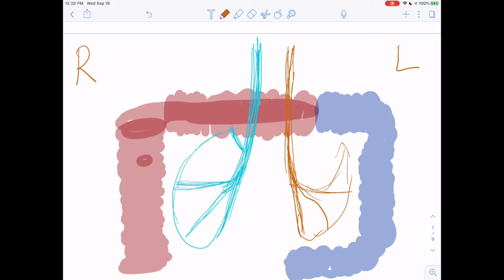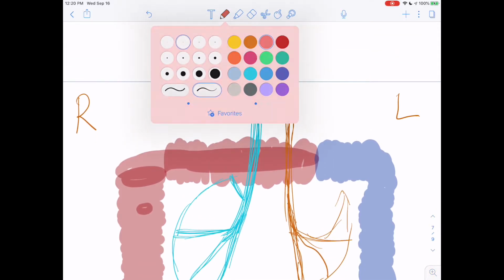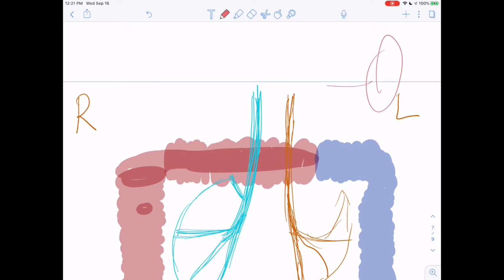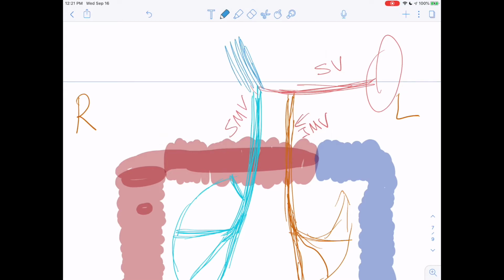Okay? And just to reiterate, we had the spleen here. So splenic connects, so the inferior mesenteric vein goes to splenic vein, and they join with the superior mesenteric vein, and they make the big portal vein, right?